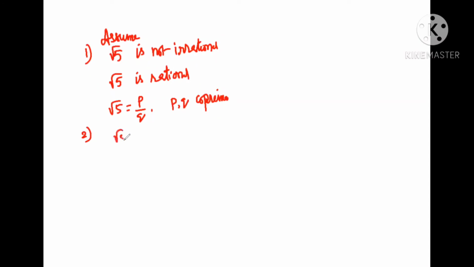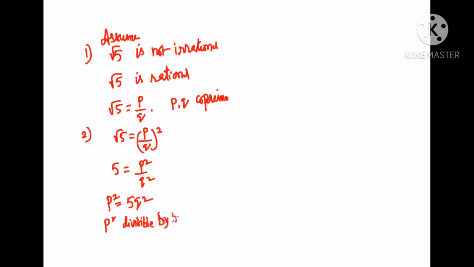After squaring, it becomes 5 equals p square by q square. Then p square is equal to 5q square. p square divisible by 5, and p also divisible by 5. This is first one, this is second one, and this is third.